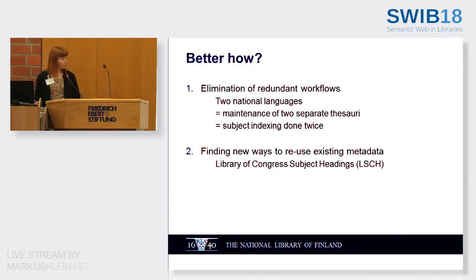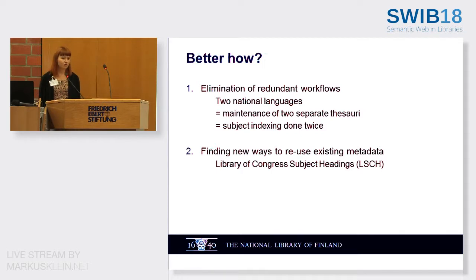So to start with, I'd like to say just a few words on the whole notion of better subject access, as obviously that can mean many different things in different situations and for different people. But for our library, the aspects of it that we are particularly interested in are, firstly, the chance to eliminate certain workflows that are quite redundant.